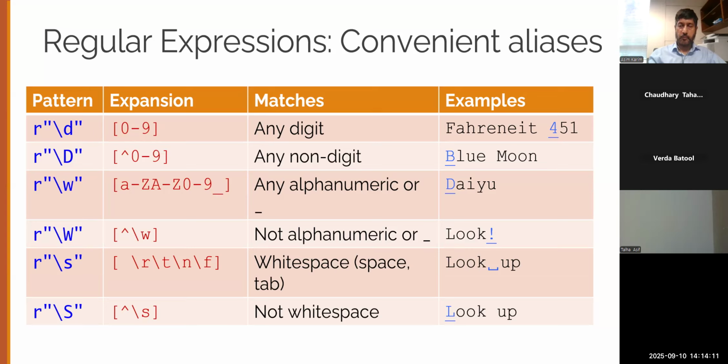Backslash f is a line feed. Backslash f and backslash r are less commonly used in digital text nowadays. You will find them in older text. Nowadays, you'll typically find backslash n, which is a new line character. Of course, if you use the capital S, then it means that we are not looking for that particular character.